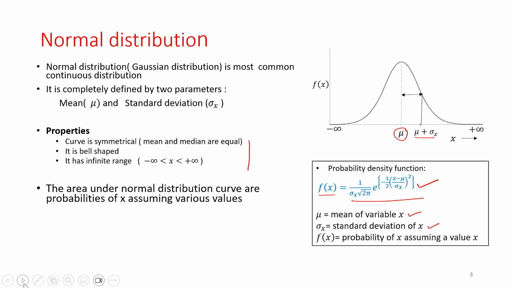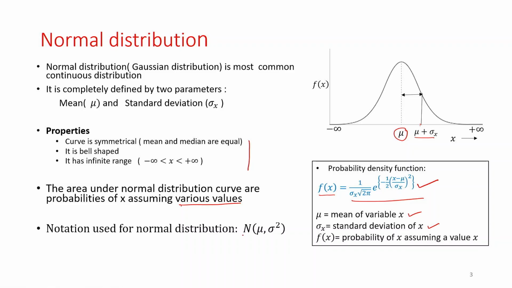The area under the normal distribution curve basically represents the probabilities of x assuming various values. The notation that is used for normal distribution is N and within brackets we write mu and sigma square.